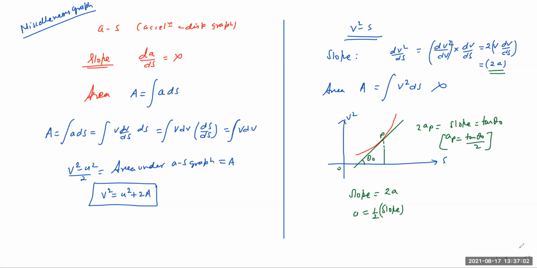Now I'll tell you something very interesting. Let's draw v power n versus s power n, like a random graph. How does it look?